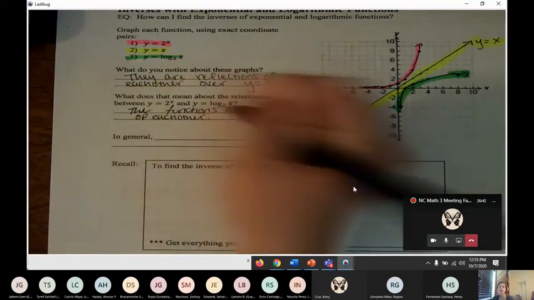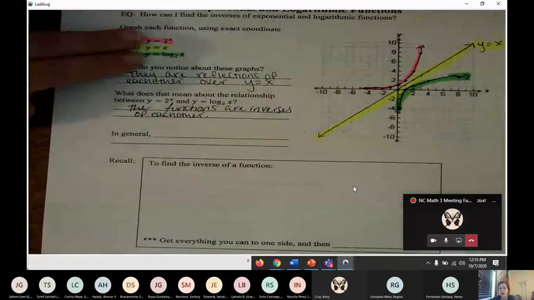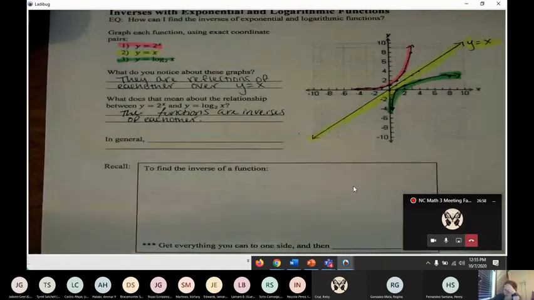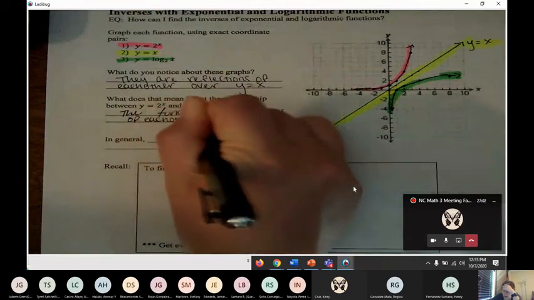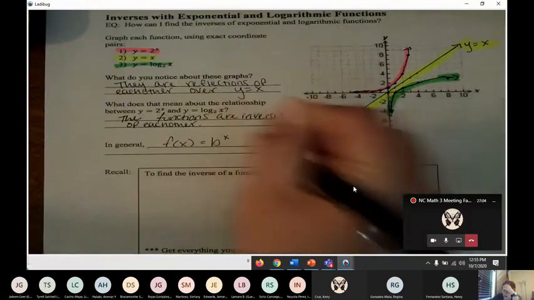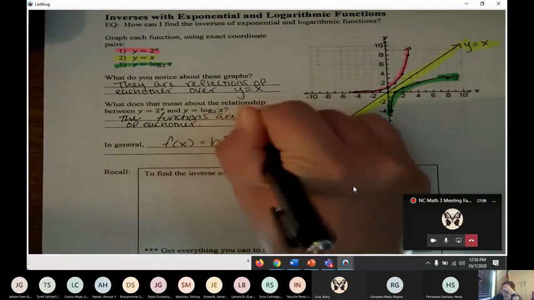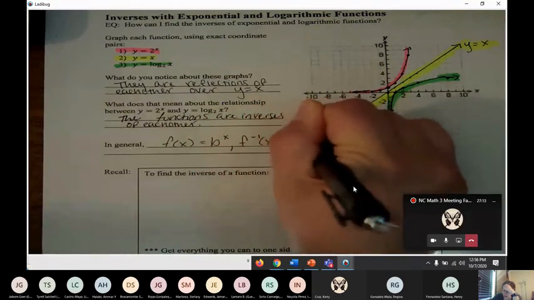Okay, if you remember nothing else from our lesson today, remember that logs and exponential functions are inverses of each other. So logarithms and exponential functions are inverses. Okay, so in general, if you have a function f of x equals b to the x, its inverse, f inverse of x, should be equal to log base b of x.